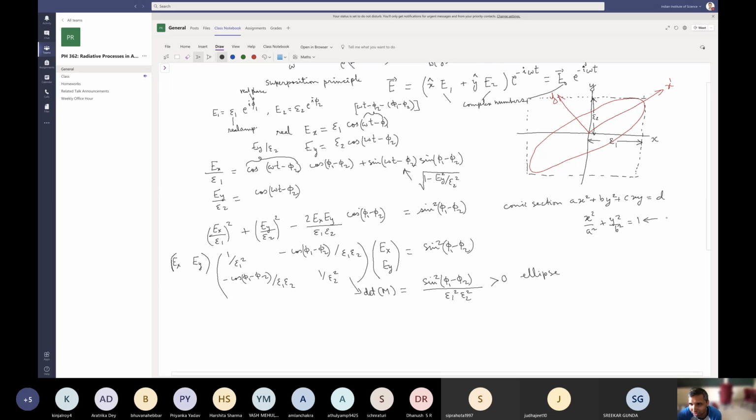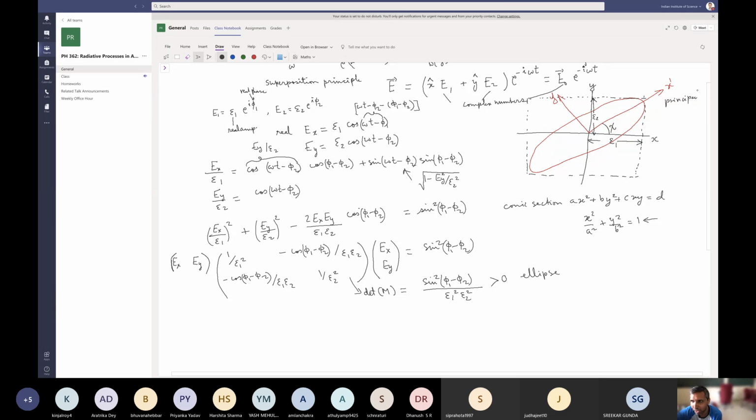So basically it's a transformation where you make a coordinate transform which takes you from xy to x prime y prime, and let's call this angle chi, right? So x prime y prime are called the principal axes of the ellipse.